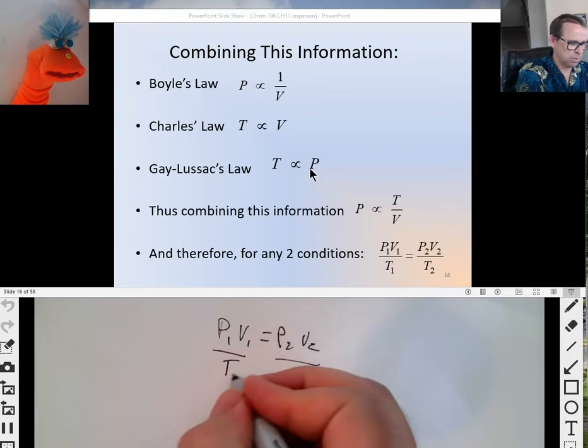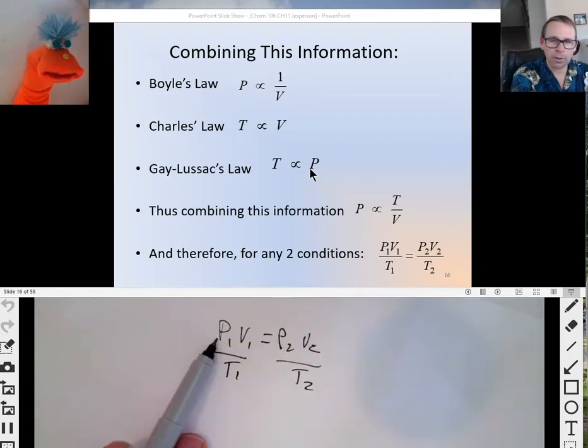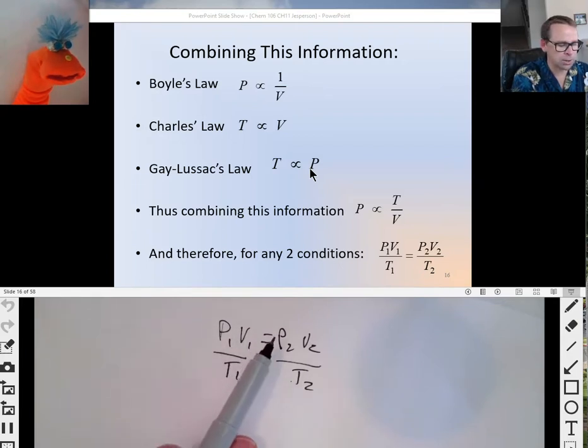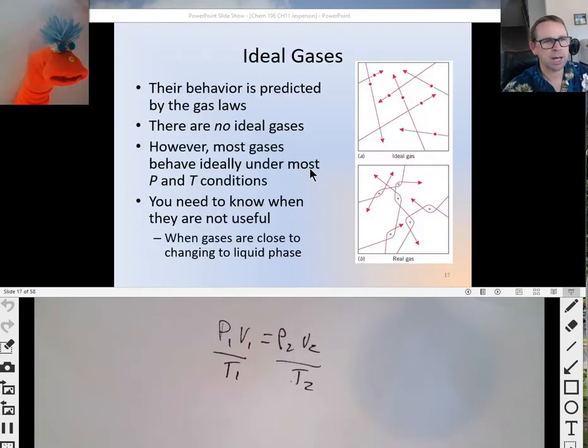And now have the ability to say, let's say I have a gas at a given pressure, fixed or given volume and given temperature, and I change pressure and volume, I can tell you what the new temperature is. Or if I have the initial pressure, volume, and temperature, and I find out the new pressure and temperature, I can tell you what the new volume is, right? Using this relationship. Okay, this combined gas law.